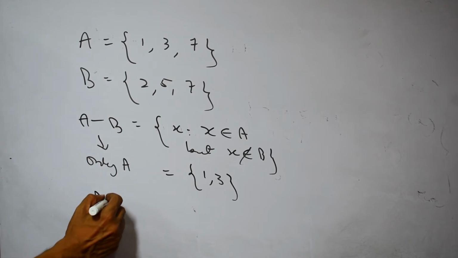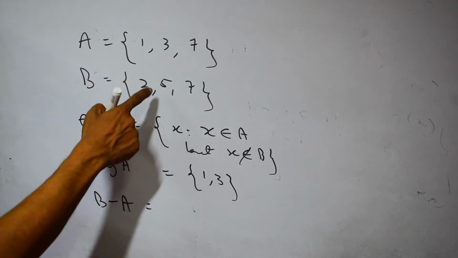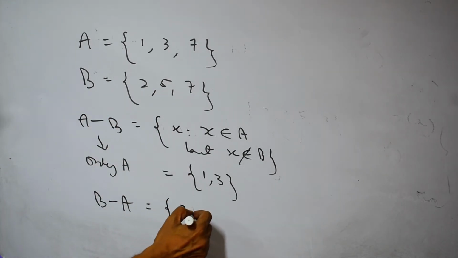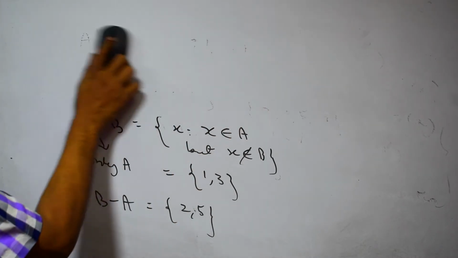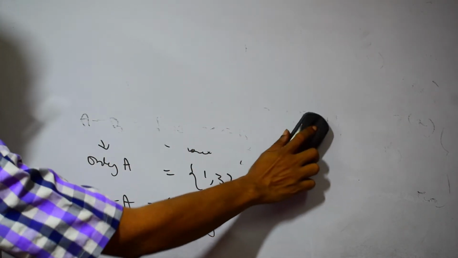Similarly, if I say B minus A, then we will be taking 2, 5 because 7 is present in both the sets. So union and intersection mean joining or taking common elements, but minus or difference means exclusive elements of A or exclusive elements of B.